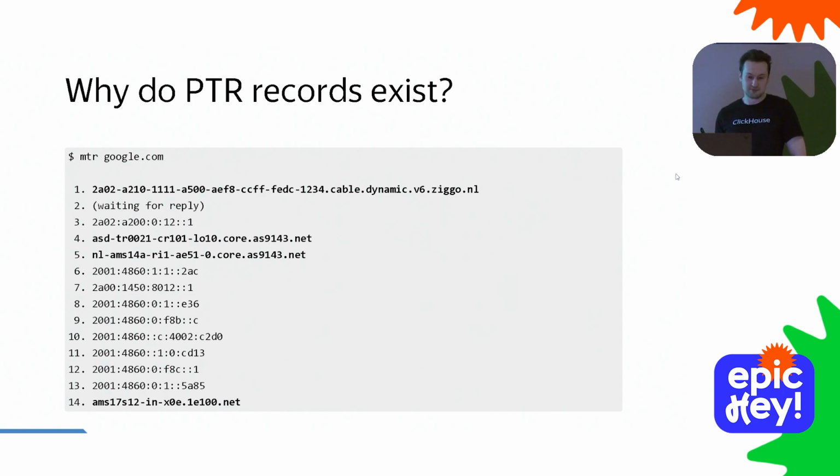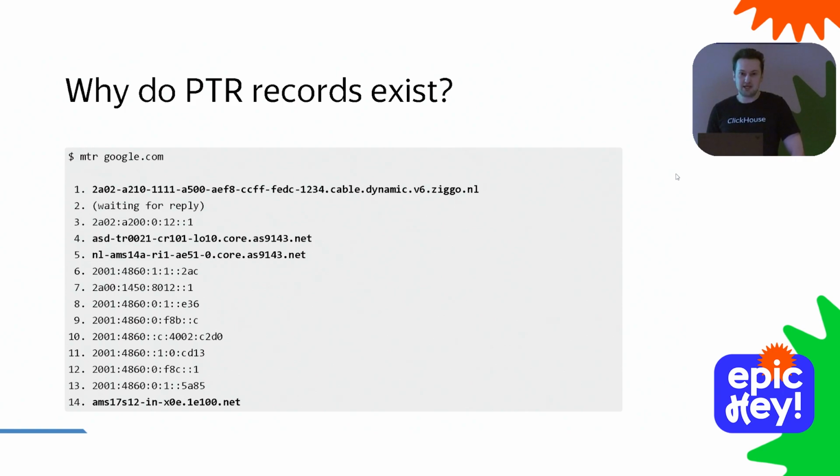When you do something like traceroute, instead of IP addresses, you will get some interesting names. For example, I have run this from my home, and probably this is my IP address. I have changed it a little, so don't worry.